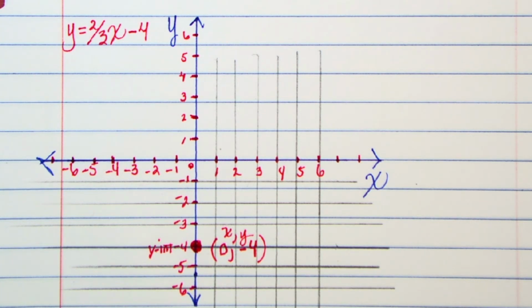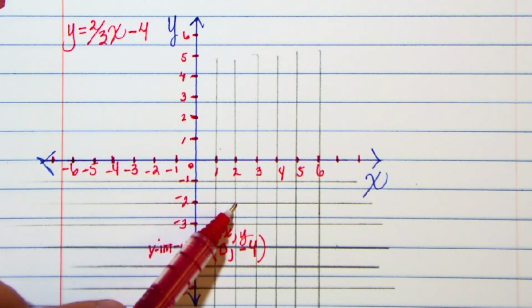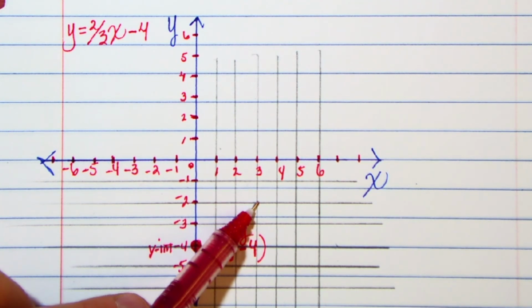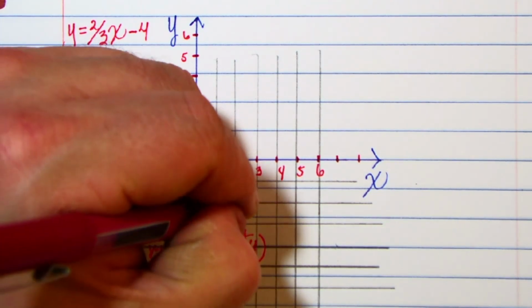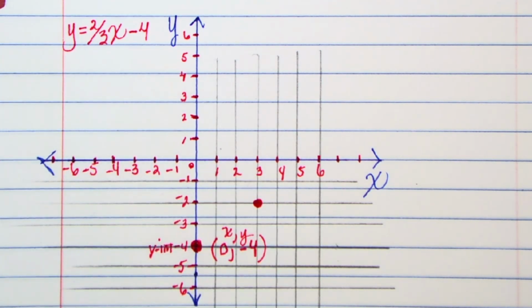So, you said up 2, over 3. Up 1, up 2, over 1, 2, 3, right there. So go ahead and plot that second point. Tell me the coordinates right there.